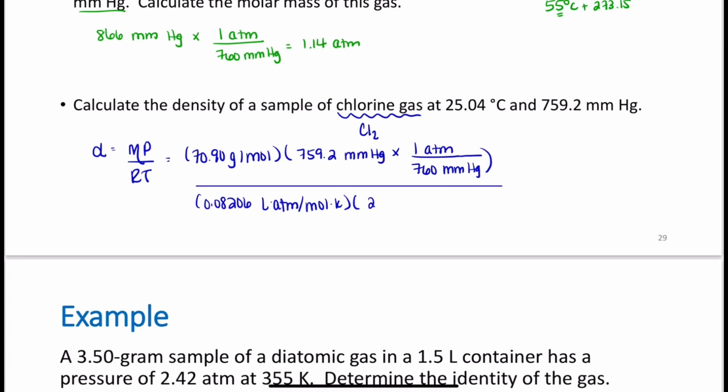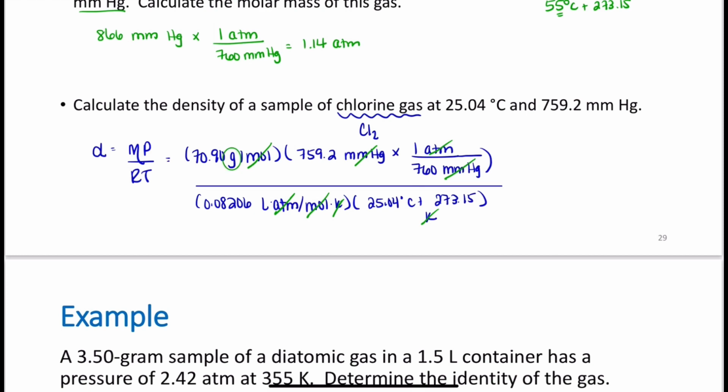And temperature, 25.04 degrees C plus 273.15 brings me to Kelvin. So my kelvins are canceling here. Denominator of the denominator and denominator of the numerator cancel out here. Atmospheres cancel out here. Millimeters of mercury cancel out here.